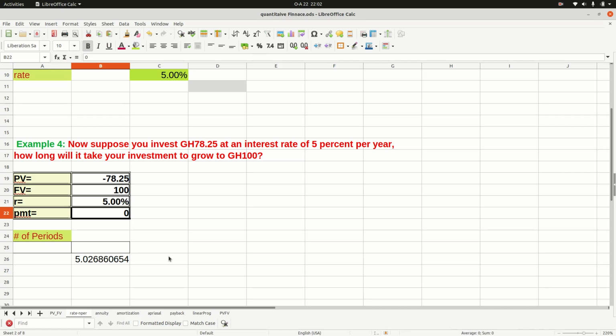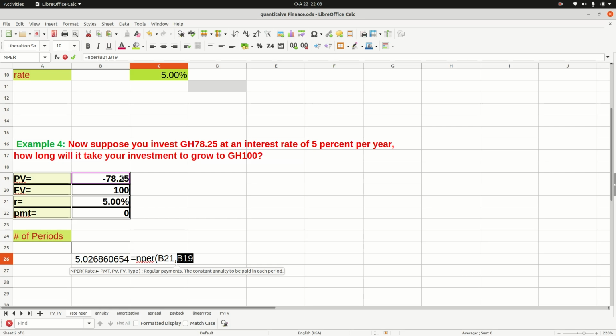So I have equal to NPER, rate of this, PMT regular payment 0, then the present value that, future value is also that, type of 1, yeah, and then that's it.